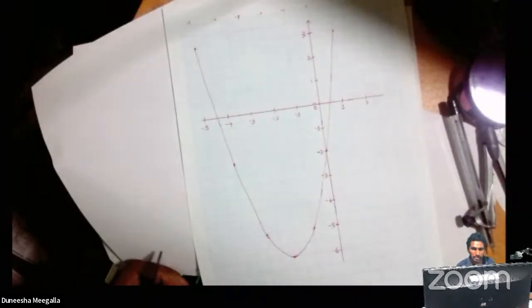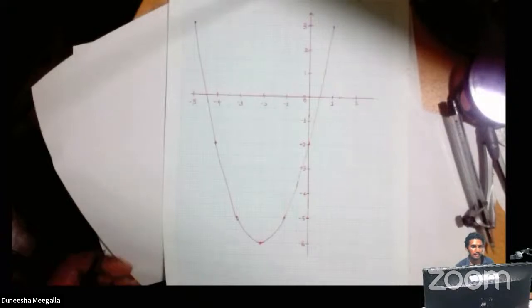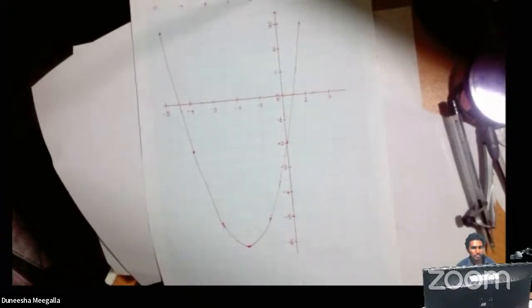Did you get the graph like this? Yes, sir. Okay.